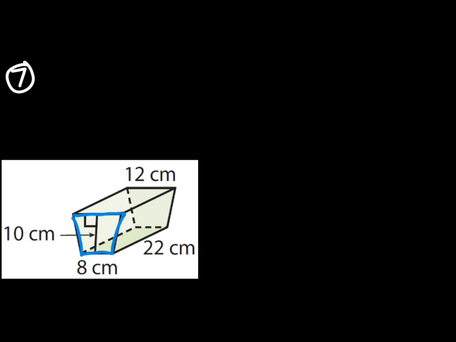Therefore, question 7 is asking us to find the volume of this trapezoidal prism. So to start off, we need to find the formula for the volume of this polygon. So we have a look at our formula sheet and find that it is (a plus b) times height times length all over 2.